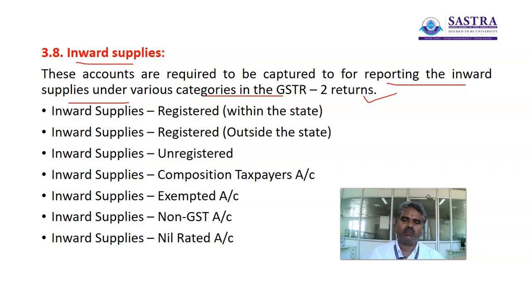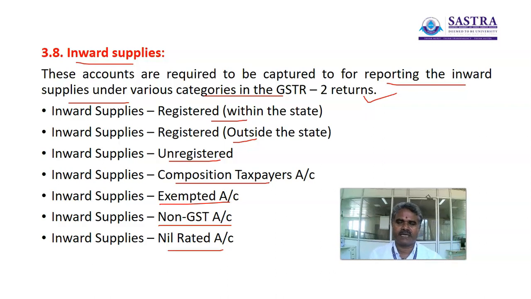So when you buy goods from a registered person within the state or outside the state, from an unregistered supplier, from composition taxpayers, exempted goods, non-GST goods, or nil-rated goods, everything will be considered because we buy goods from all, not only from registered dealers.